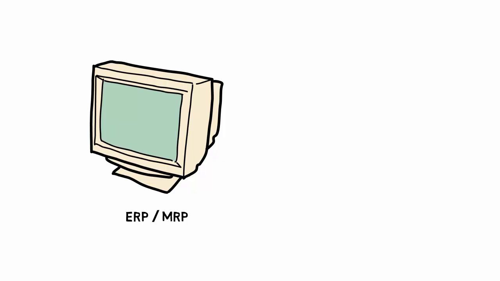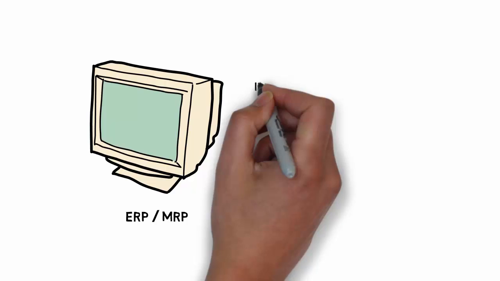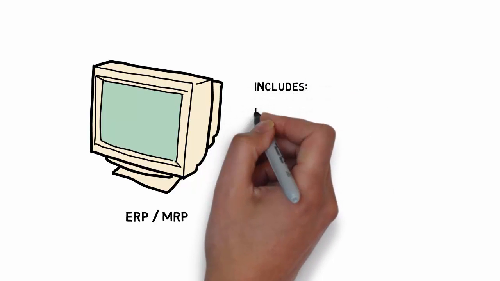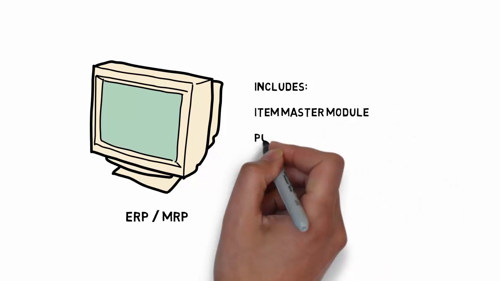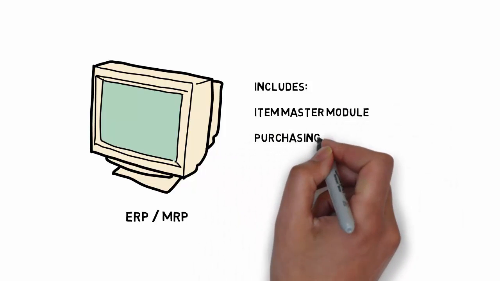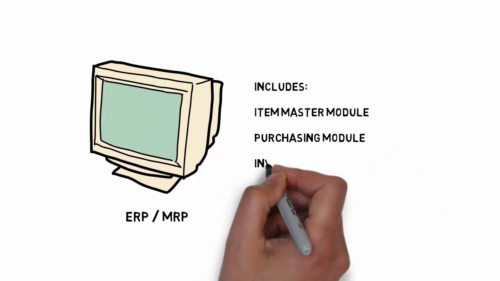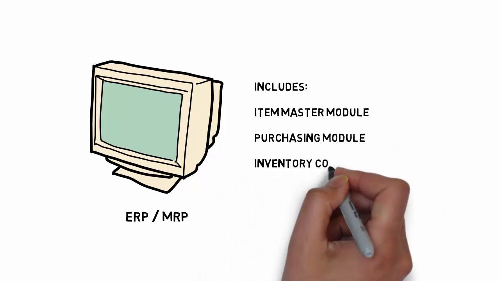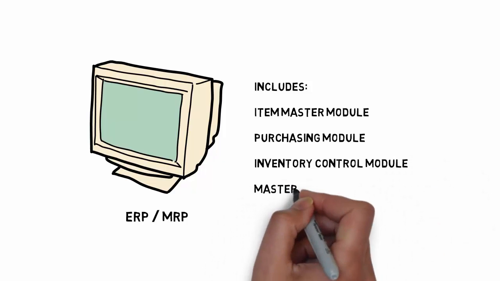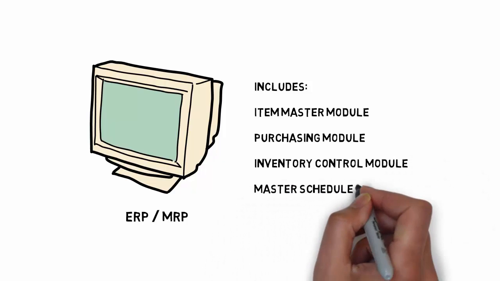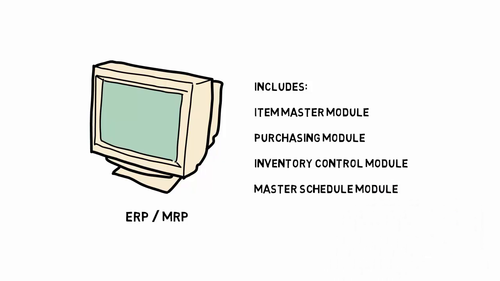At heart, they all include some basic functionality, including the following modules: an item master module where you define and store characteristics of parts, a purchasing module to manage supplier-related information, an inventory control module to track quantities and locations, a master schedule module to capture demand-related information, and many other submodules that perform various manufacturing-related calculations or functions.